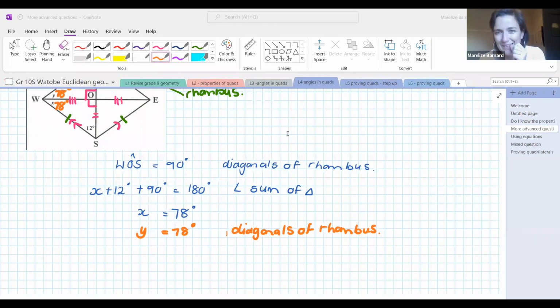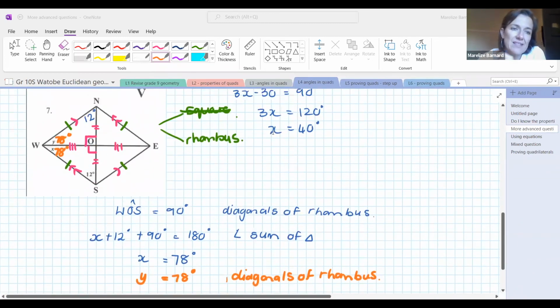Hi, ma'am. Ma'am, I'm kind of confused as to how we come up with x is equal to 78 degrees. Okay, so do you understand why WOS is 90?